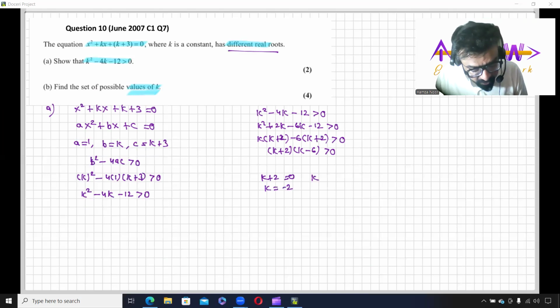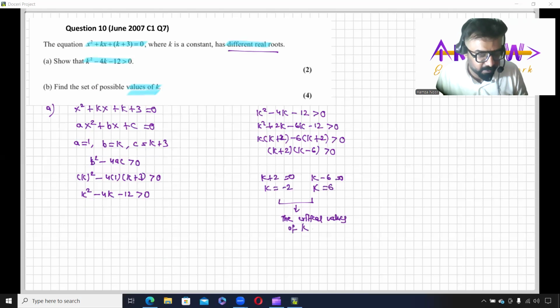Then k minus 6 equals 0, which means k equals 6. Since we are solving a quadratic inequality, we say that these are the critical values of k.